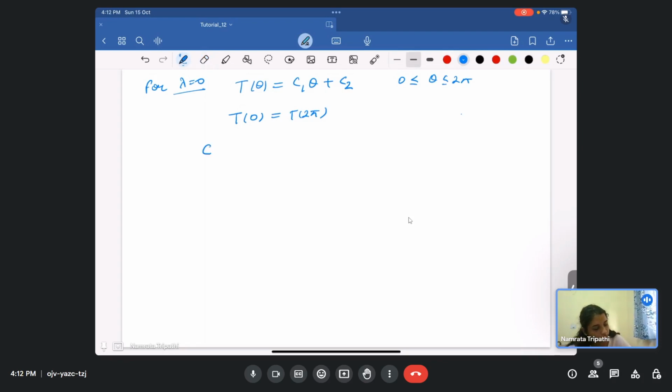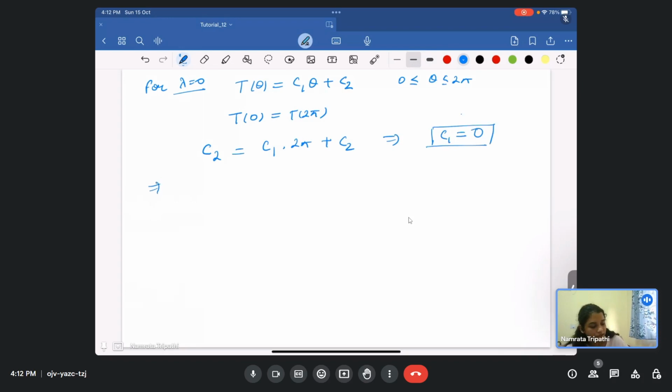T of 0 means C2, T of 2 pi means C1 into 2 pi plus C2. That means C1 will be 0. Fine.